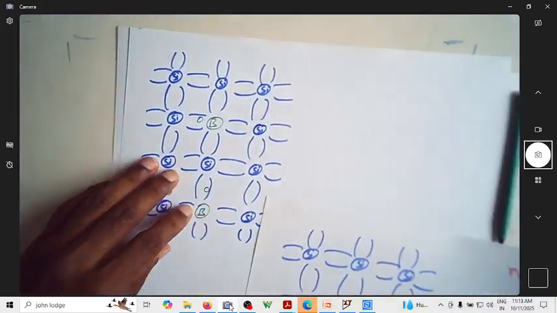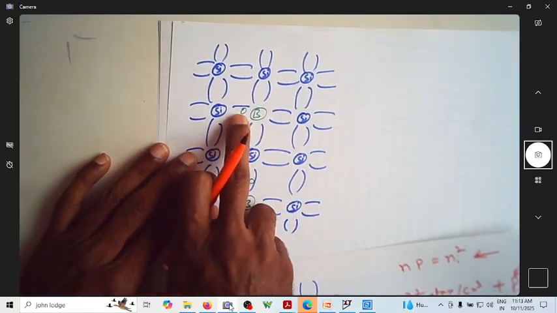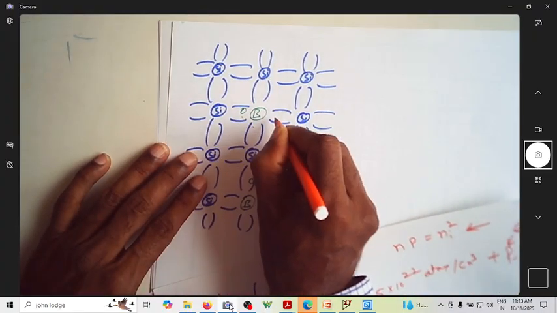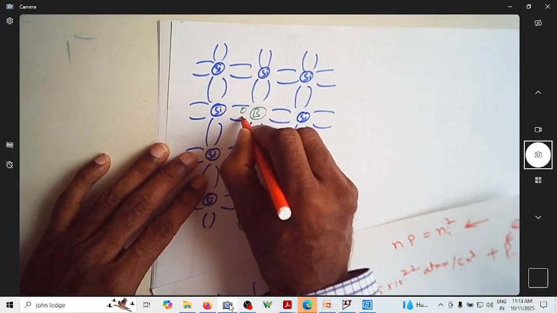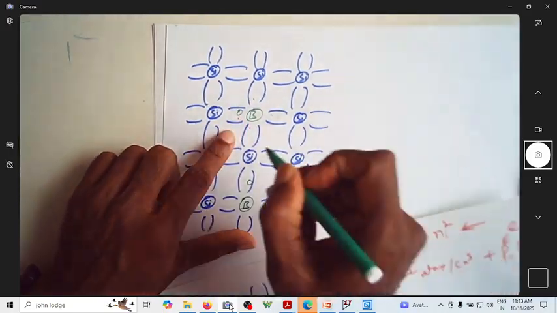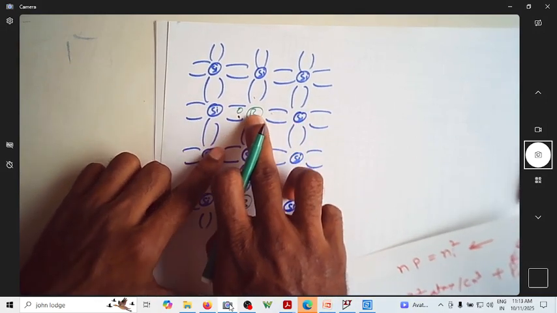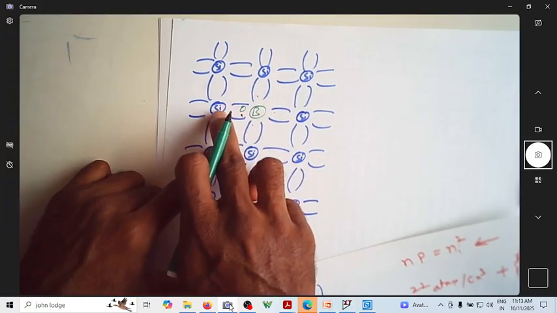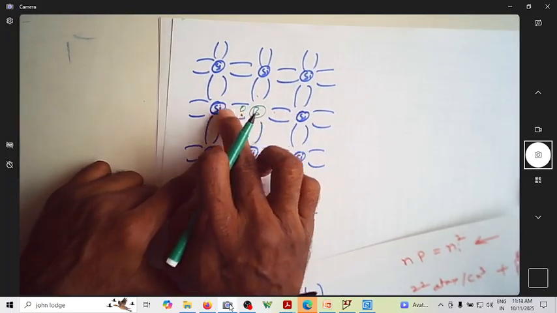If you add boron, you can see I'm adding a trivalent component. It has only 3 valence electrons. Let us assume it is sharing with this and this, and this is silicon. You can see one is vacant. This boron is sharing with only 3. This silicon is sharing 1, but this boron doesn't have one electron to share with this.